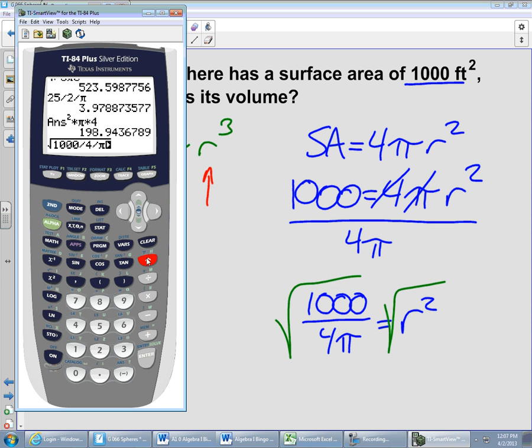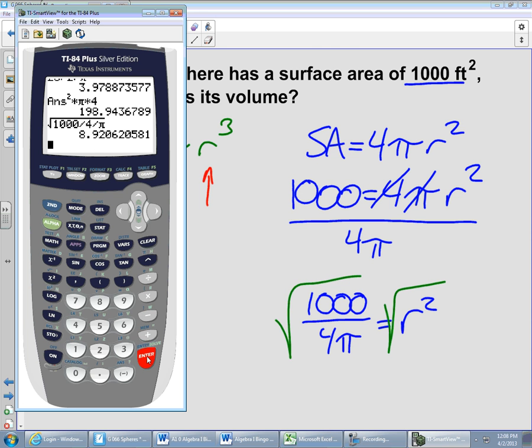It'll kick the pi back up to the denominator. So you either need to do double division signs on there, or perhaps even put your denominator in parentheses. Open up some parentheses, divide by parentheses, 4 pi, close the parentheses, so the calculator knows that entire thing is underneath the fraction.